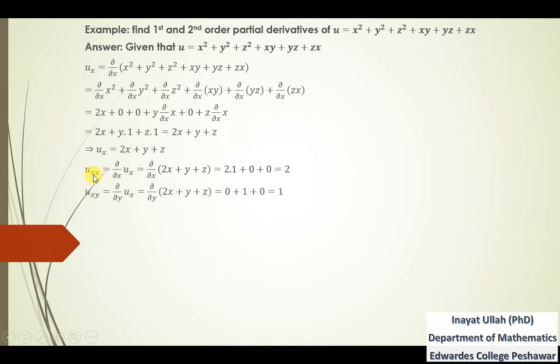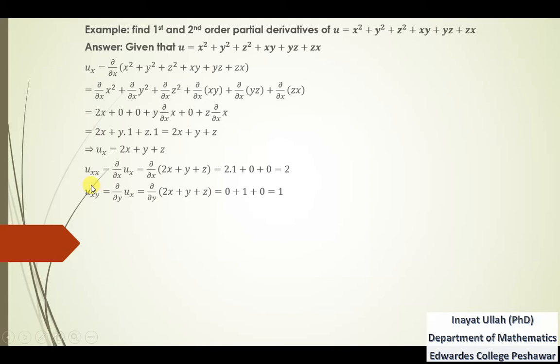Similarly, the second order partial derivative of ux with respect to y. So uxy means partial derivative of ux with respect to y. That is the second notation.